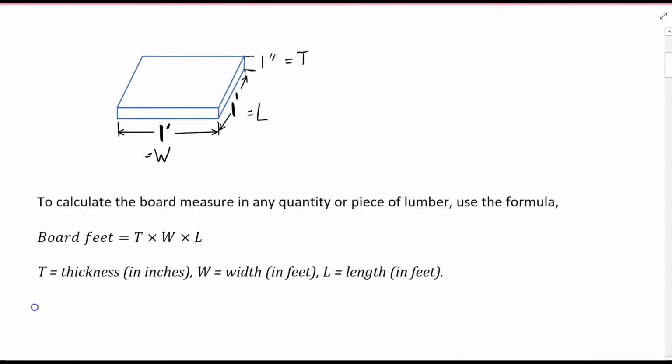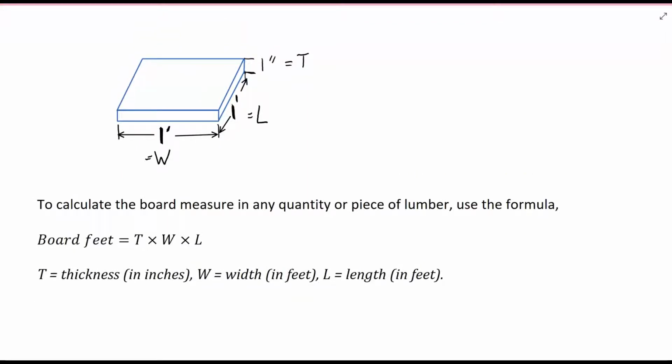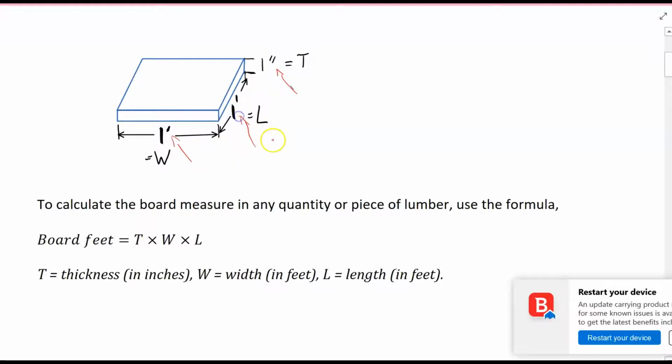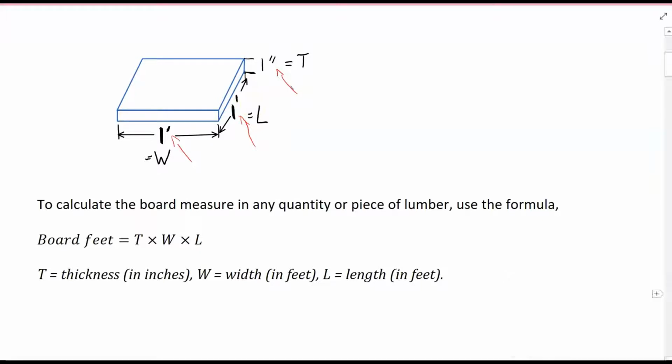And so that's why I have drawn this diagram that has thickness in inches, and width in feet, and length in feet. Now we're not always given the measurements in those units, so there will be some converting that has to be done.